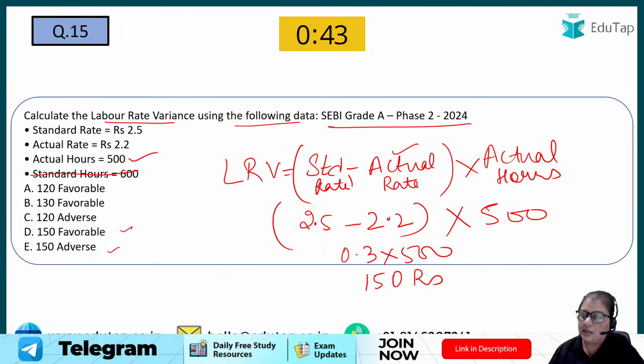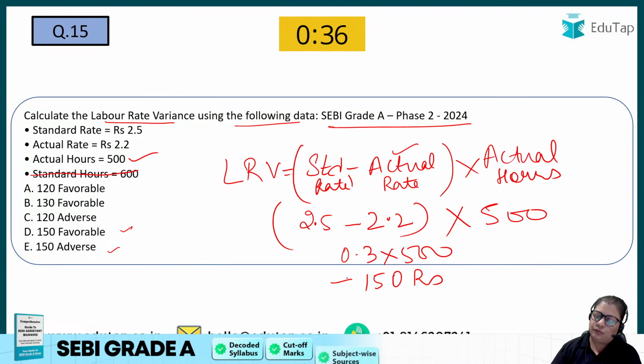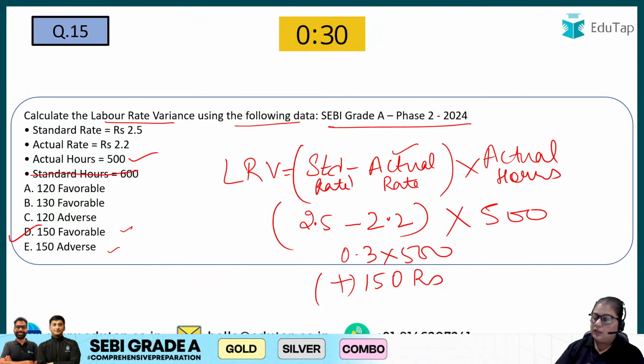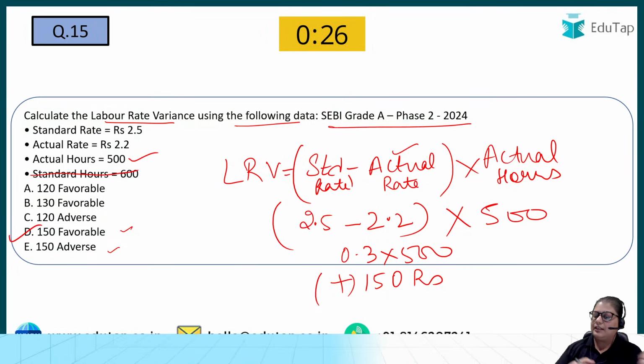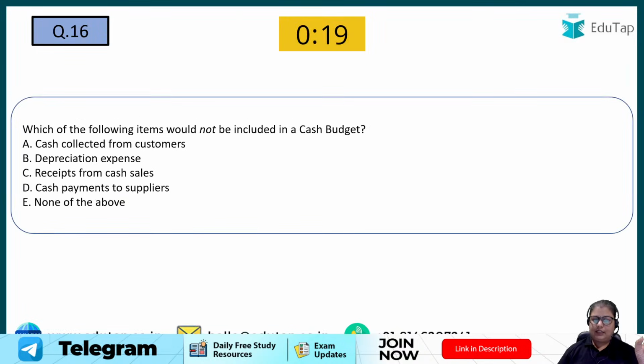If you don't understand this concept, because it is coming in positive, this is positive 150, so it will be favorable. The concept is that actual rate is less than the standard rate, hence it is 150 favorable. Easy. So option D is the correct answer.